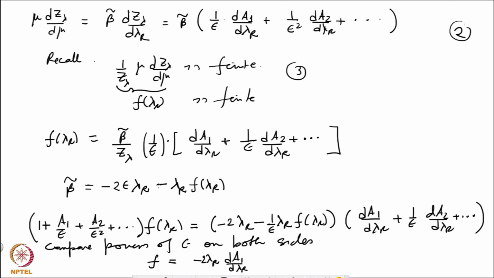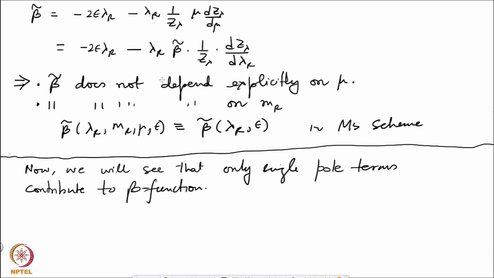Okay, and remember what f is. f is basically this piece here, that factor here. So let me write again. f is now minus 2 lambda r times dA1 over d lambda r.